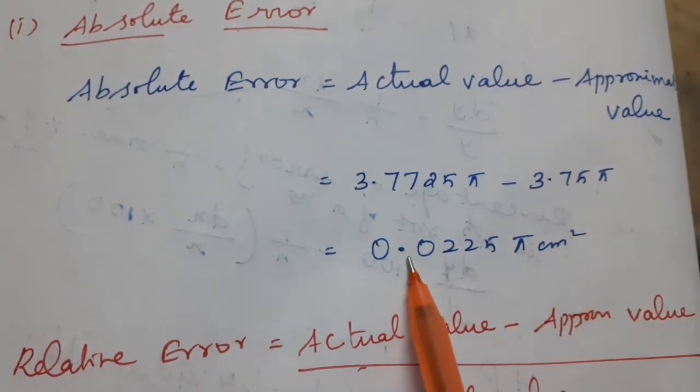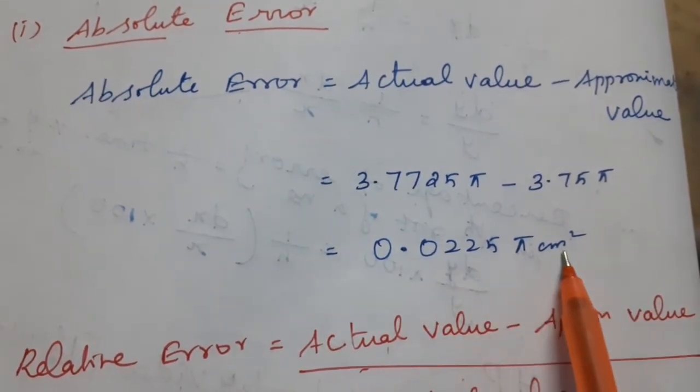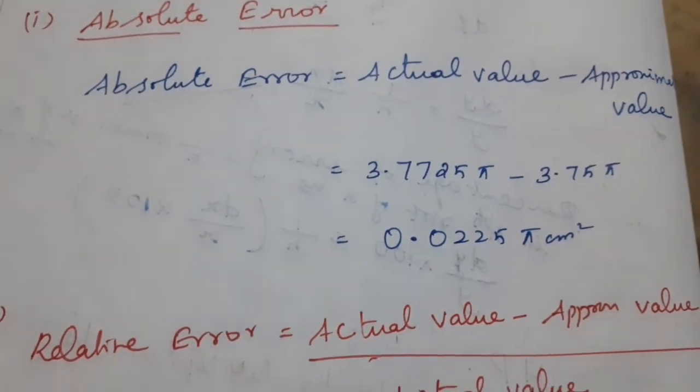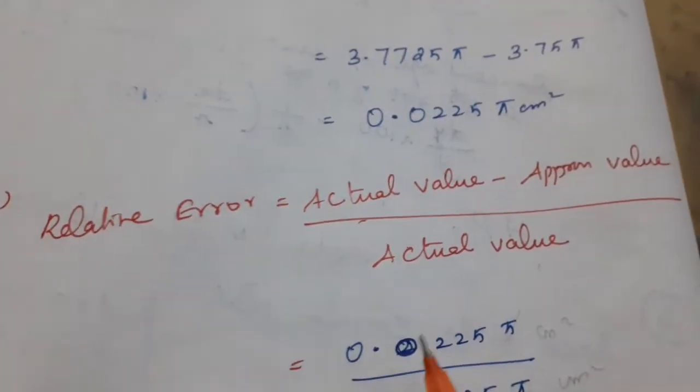After subtracting we get 0.0225 pi centimeter square. This is the absolute error. Next we find the relative error.